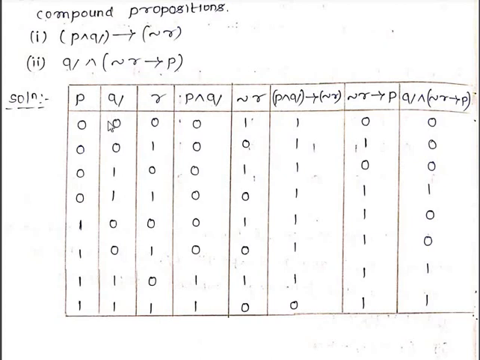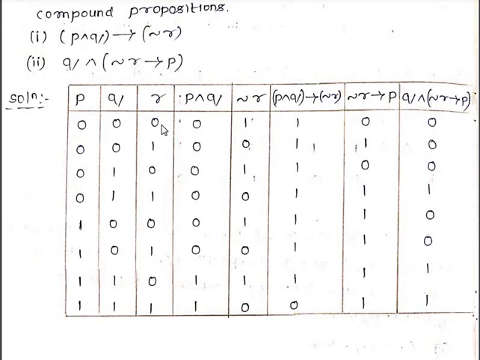So P and Q: 0, 0 will give you 0, 0, 0 will be 0, 0, 1 is 0, 0, 1 is 0, 1, 0 is 0, 1, 0 is 0, 1, 1 is 1, because it acts like multiplication. When both are true, then only true. Negation R: wherever there are zeros, just put 1.